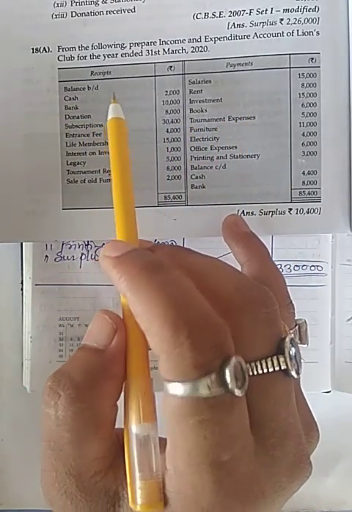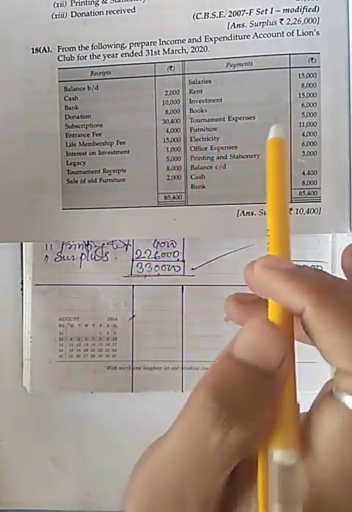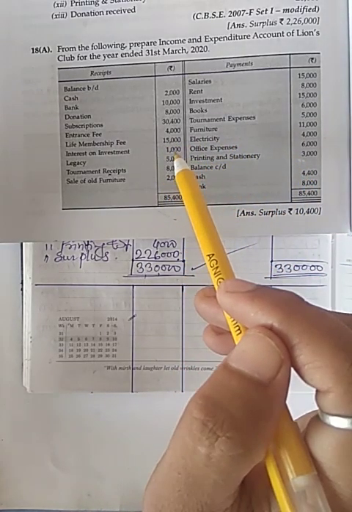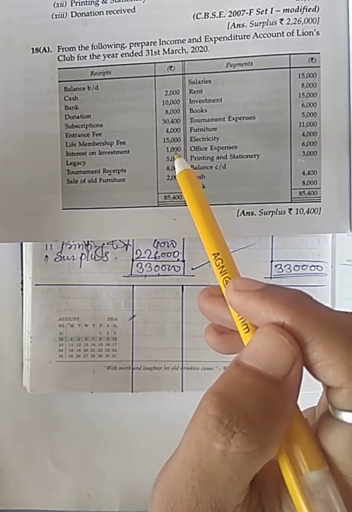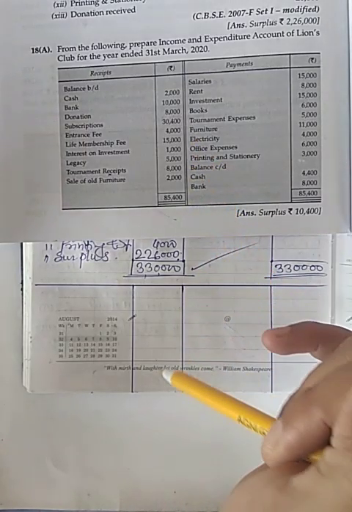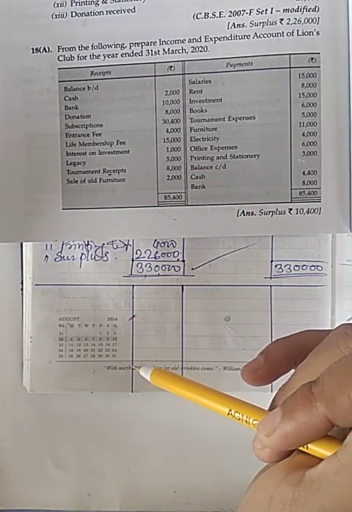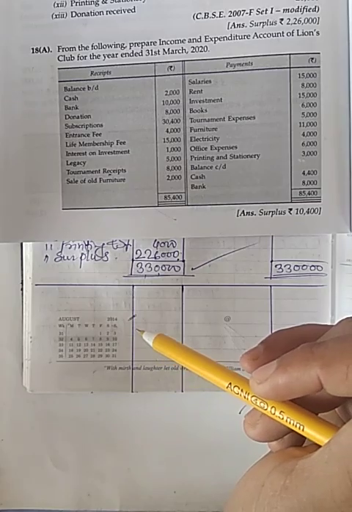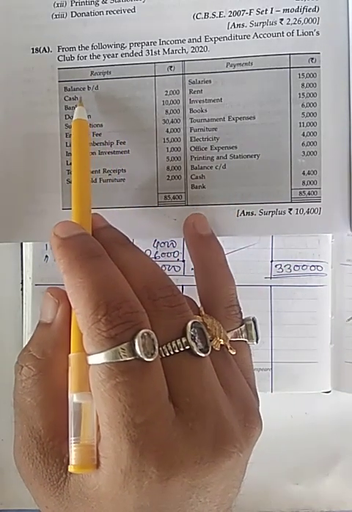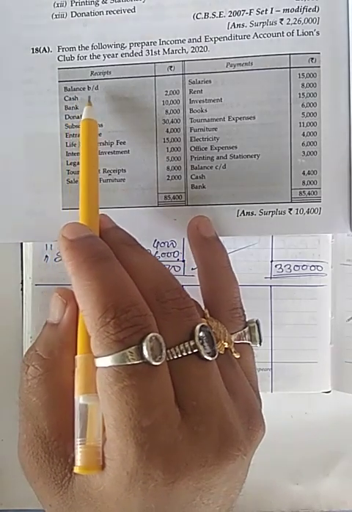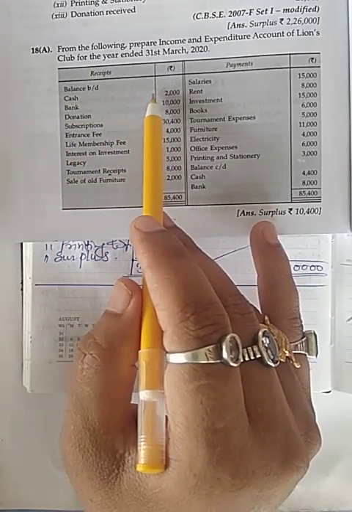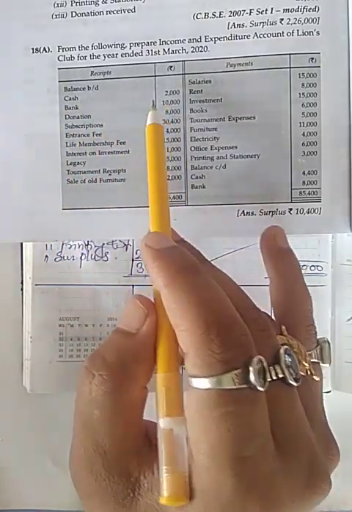Now we will put one by one all the item which is related to revenue expenditure and revenue receipt. I will put in income and expenditure account. So see the problem. First is given balance sheet BD, cash and bank.